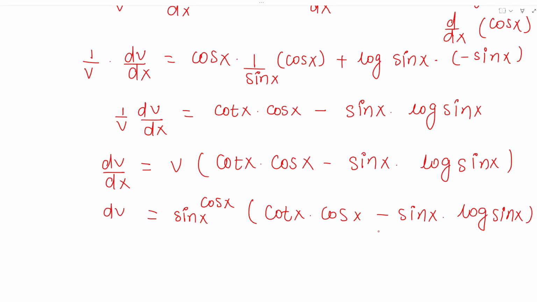So we get the value of du by dx and dv by dx. Now just plug in the value of du by dx and dv by dx in equation 1. So we get the value of dy by dx.